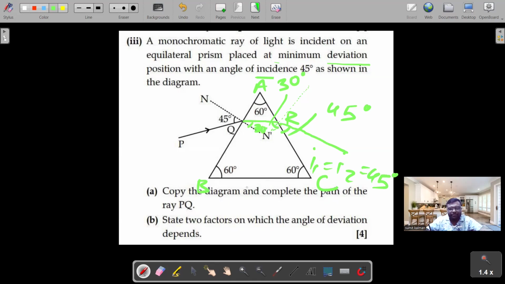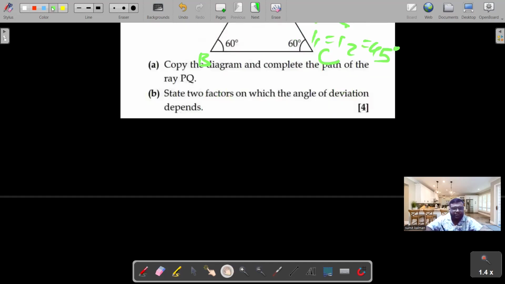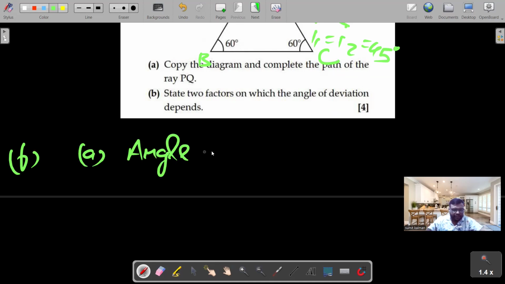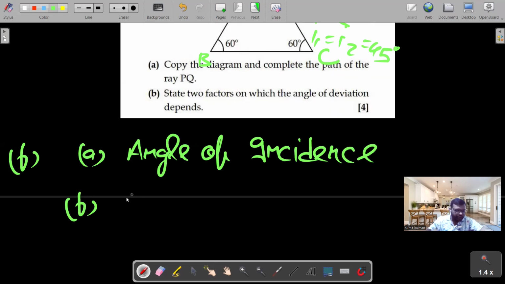And in second part, they have asked two factors on which angle of deviation depends. So first is angle of incidence, and second is angle of prism.